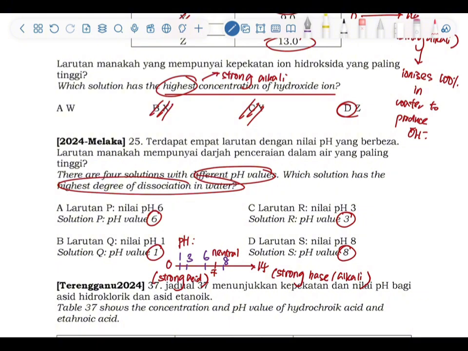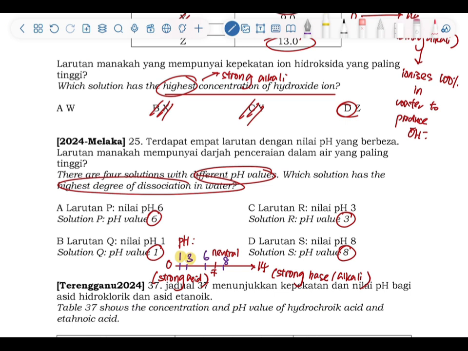So obviously we only look at the one that is nearer to the left, right? So the possible answer would be 1 and 3. But 0 is the smallest value for strong acid. So we need to choose the smaller number which is nearer to 0.